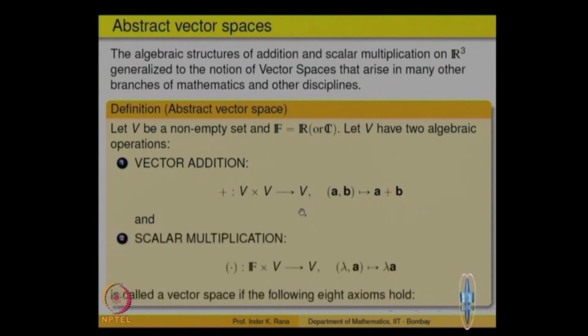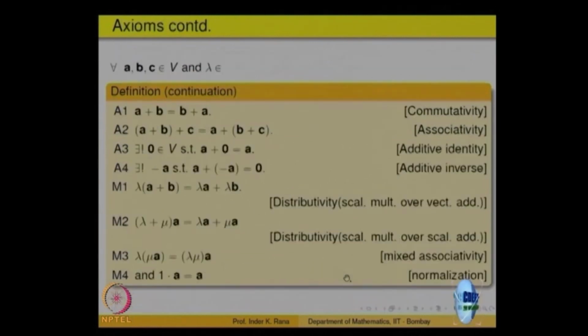And there is an operation called scalar multiplication, which is a function from the underlying field F, which is R or C, cross V to V. So, given a scalar and given a vector, lambda comma A, it gives you the product lambda A. These are two operations defined on a vector space: addition and scalar multiplication, with the usual properties that the vectors in R3, R4, Rn have.